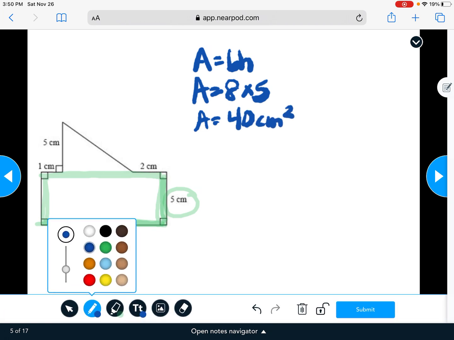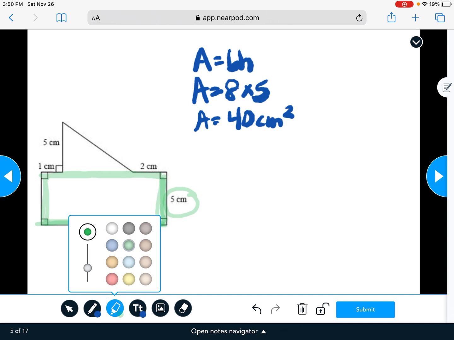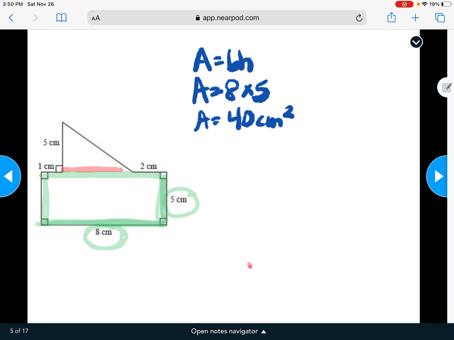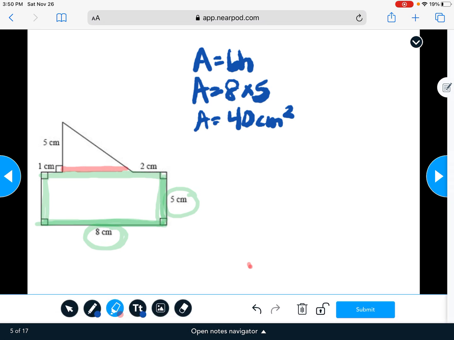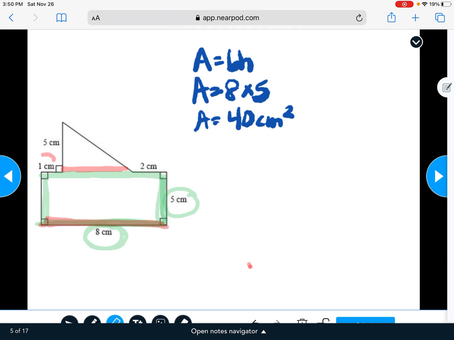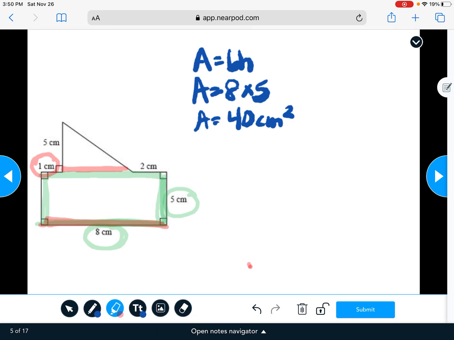Now, when it comes time for the triangle, it's a little bit more difficult. So the triangle's base is what I'm highlighting here in red. And that's just part of that full line. So on the bottom, this full line was 8. But I'm not counting the 1 centimeter and I'm not counting the 2 centimeters.